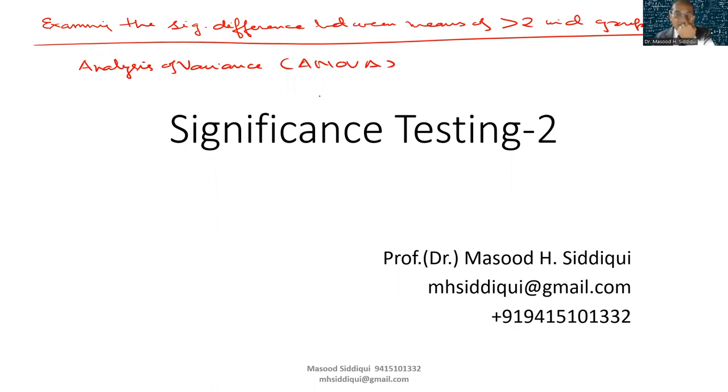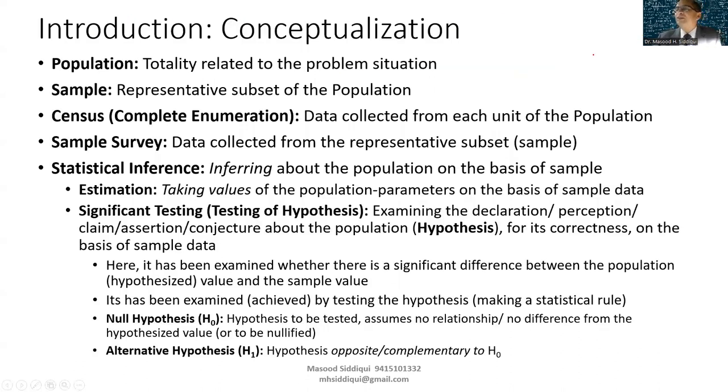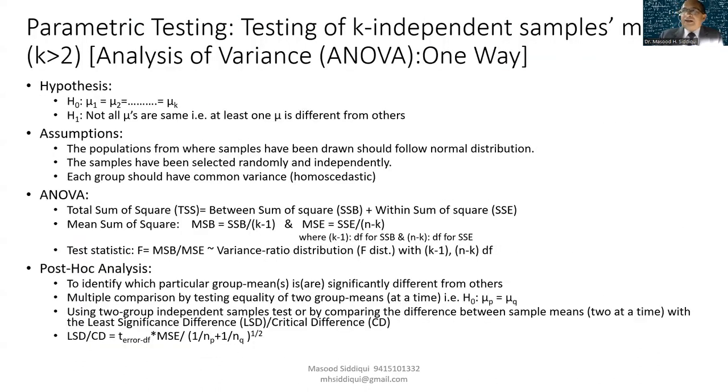Right? And first, we will do one-way ANOVA. I will be explaining what we mean by one-way ANOVA. And after that, we will be progressing forward. Right? So just to connect with you, this is again a parametric testing.